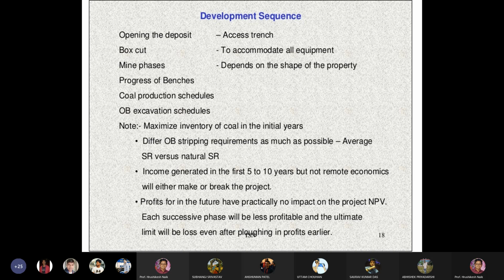Profits in the distant future have practically no impact on the project net present value. Each successive phase will be less profitable, and the ultimate limit will be lost even after plowing in profits earlier.